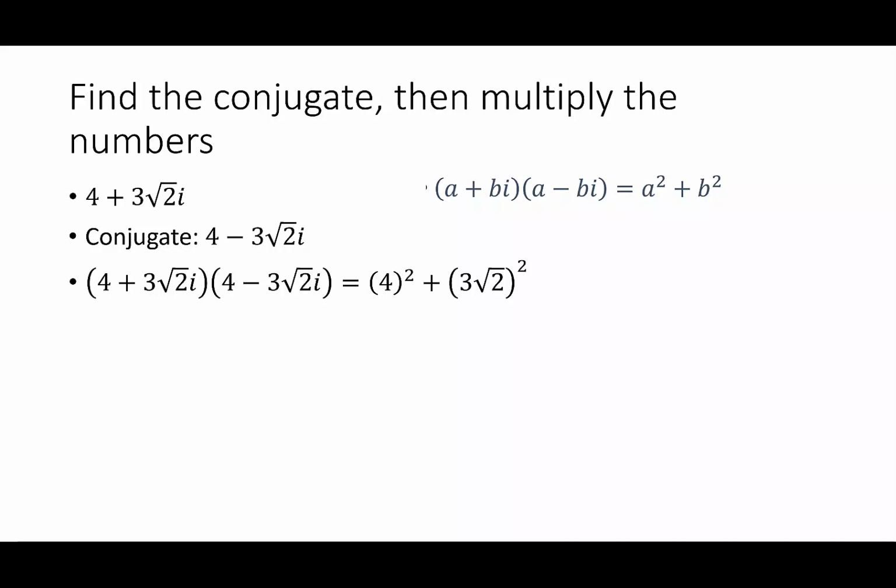So I'm going to square the 4 and add it to 3 times the square root of 2 squared. Remember, your final solution does not include an i. 4 squared becomes 16, 3 squared is 9, and then I square the square root of 2, which just becomes 2. This simplifies to 16 plus 18, which is 34.